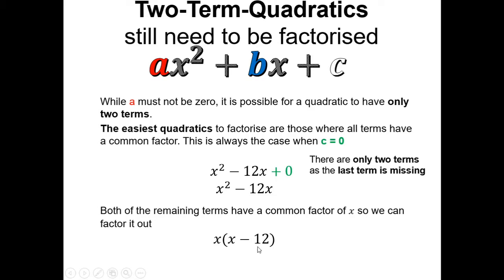Or maybe an easier way for you to think about that, when I factor out the x, what does that x need to be multiplied by to make x squared? X times x makes x squared. And now what does that x outside need to be multiplied by to make minus 12x? X times minus 12 would make minus 12x. So this is now my factorized quadratic, and it was a nice, easy one-step factorization.